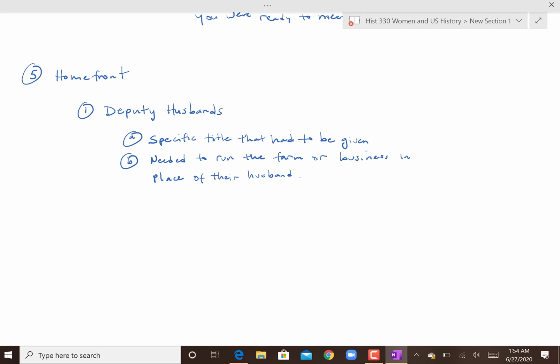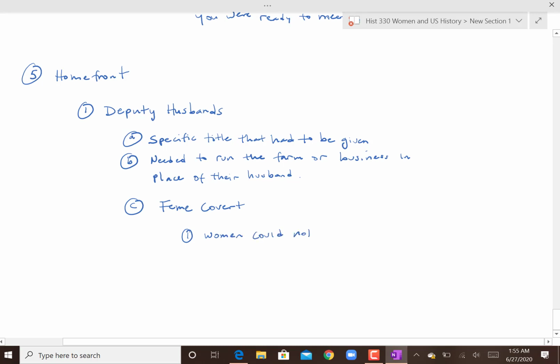Okay, so the reason for this is significant with the name. The name is important, right? Because the title is that women were not allowed to own, right? You have femme covert. And women were not allowed to own businesses or run the farm and have specific legal authority over those things.